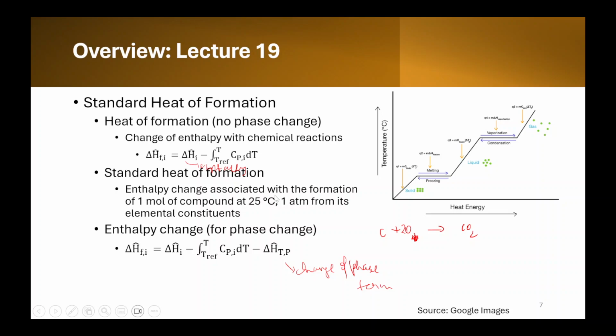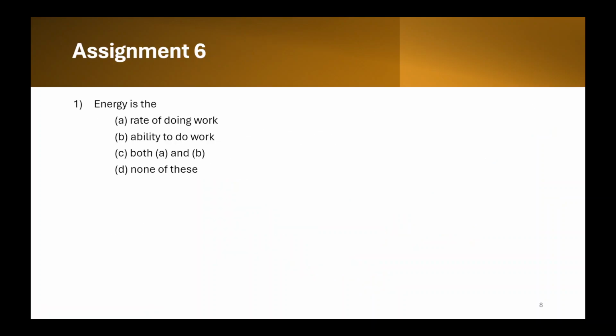So we now will solve some sample problems. We start with the first question. The first question is: energy is the rate of doing work, ability to do work, both A and B, or none of these. What will be the correct answer here? Can anybody tell me the correct answer? What is energy?